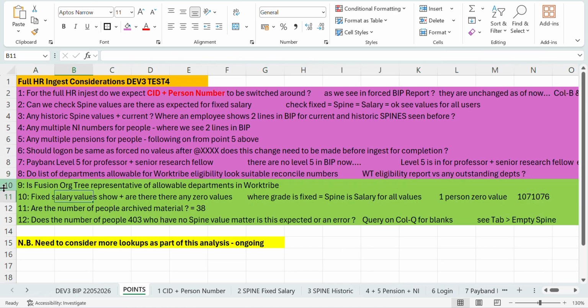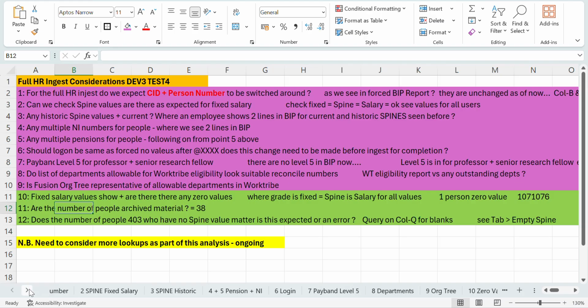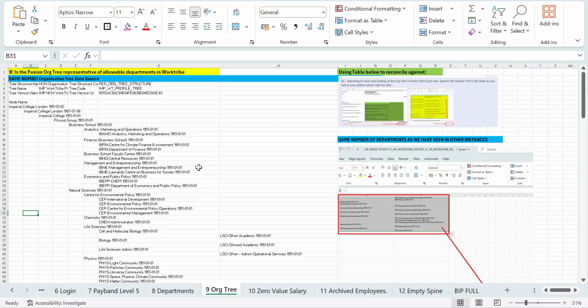Okay, next point, number 9. Let's get you Pink as well. So in the Fusion org tree, is that representative of allowable departments in Worktribe? So it's kind of a little bit asking the same question. So this is the org tree within Fusion when exported to Excel is here.